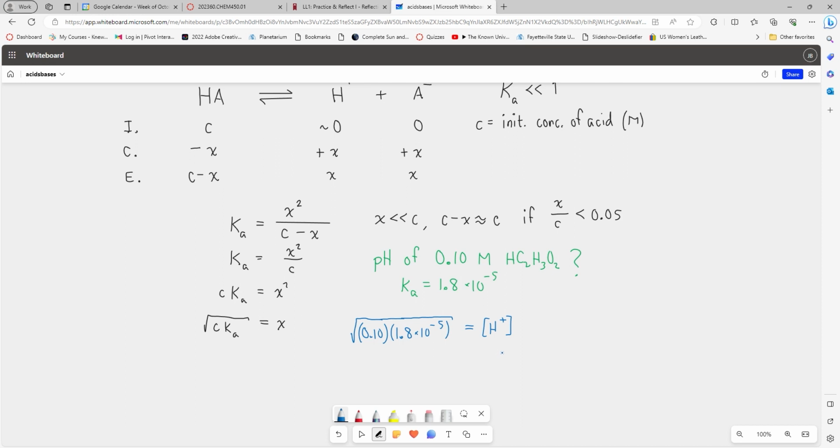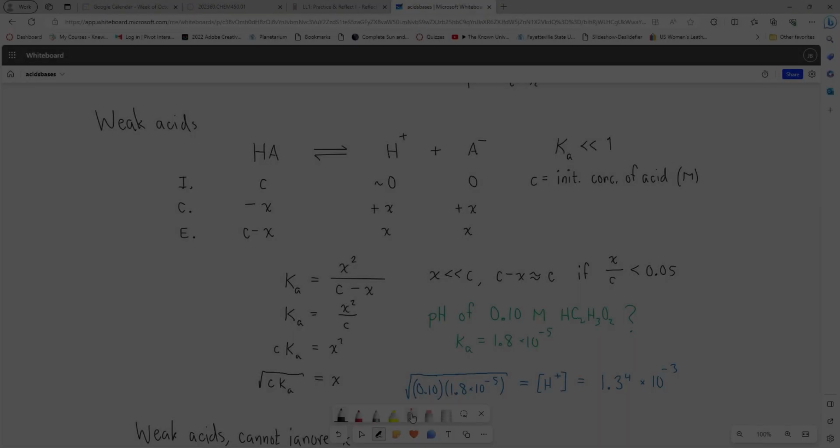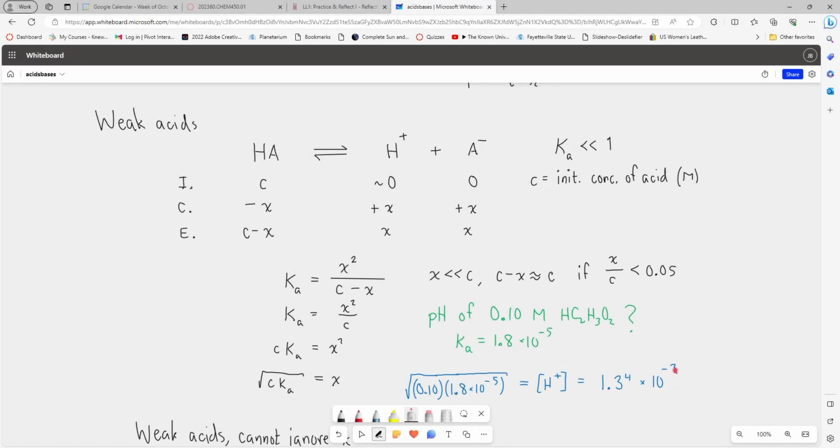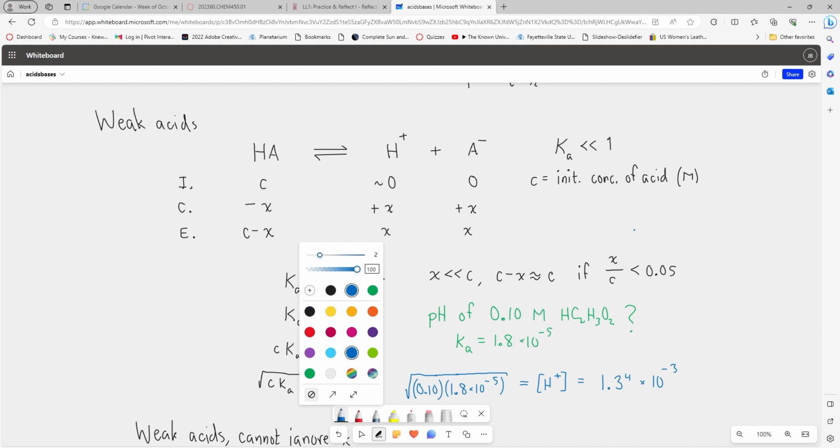Get our calculators out. And it's 1.3 with a check digit 4 times 10 to the minus third. So we get this H+ concentration of 1.34 times 10 to the minus third. We need to compare it to our original concentration to check if the X divided by C was indeed less than 0.05. If so, then our assumption to ignore X in the denominator was in fact valid.